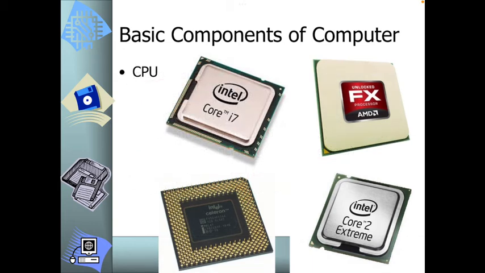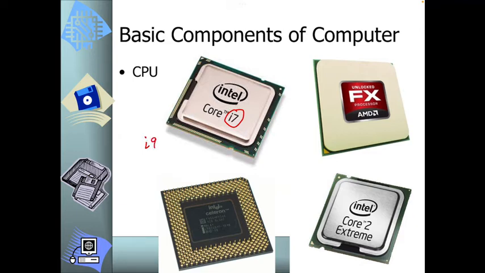This is what we call the CPU, or the brain of the computer. Here, for example, we have the Intel processor. We have the i7 chips, and right now we have the latest one, i9.